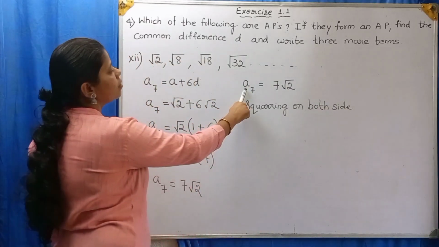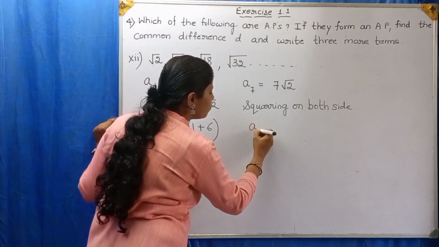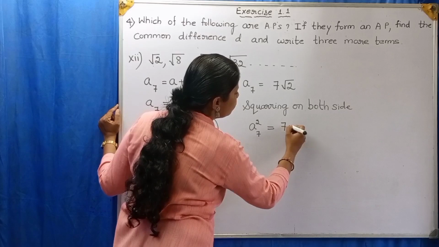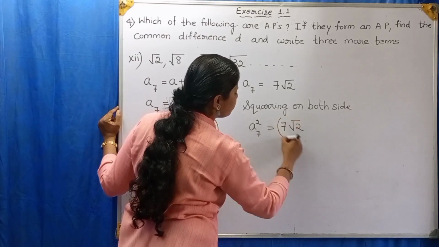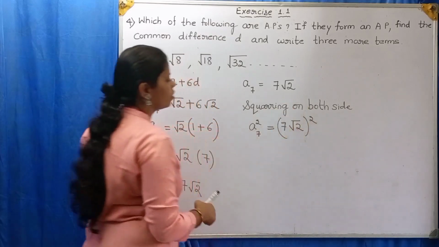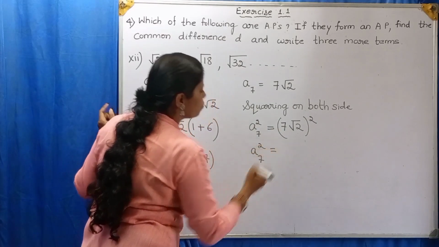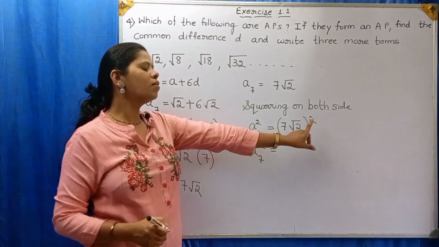Now here, a7 the whole square is equal to 7 into root 2 the whole square, right? Now a7 the whole square is equal to this 7 into root 2 the whole square.